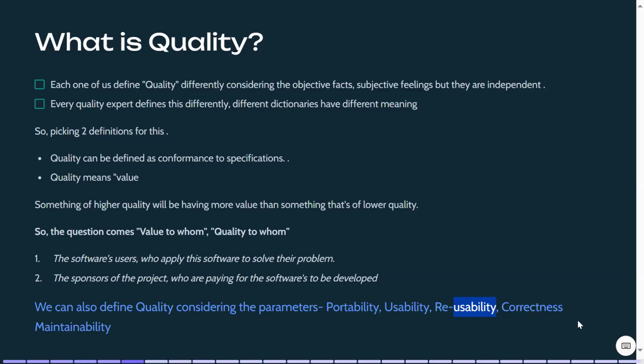It may not be a software industry. You take any industry. They are investing so much on quality management systems and processes to ensure that their products or services meet or exceed the expectations of their customers and stakeholders. So everywhere this quality exists.